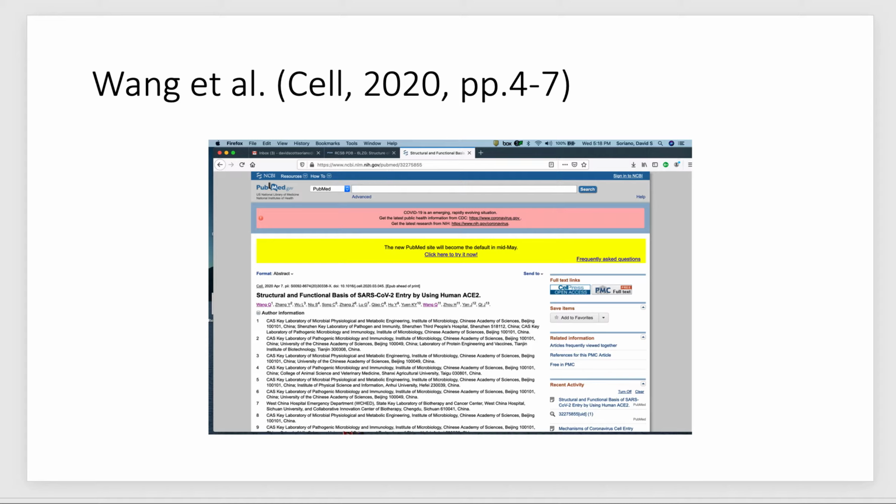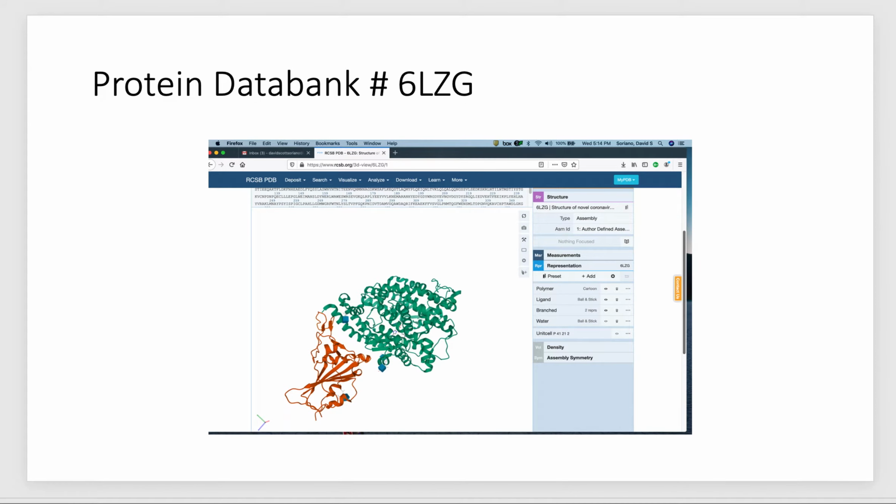Now, what I did was go to the Protein Data Bank, and I found where Dr. Wang and his colleagues had uploaded an X-ray photograph, and it's Protein Data Bank catalog number 6LZG. This has been uploaded also fairly recently. There you can see immediately in the image, the lower orange colored portion is the part of the flap that is ready to complex to that exposed helix of the ACE2 receptor site in green.